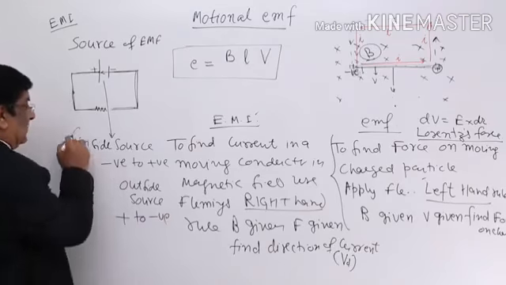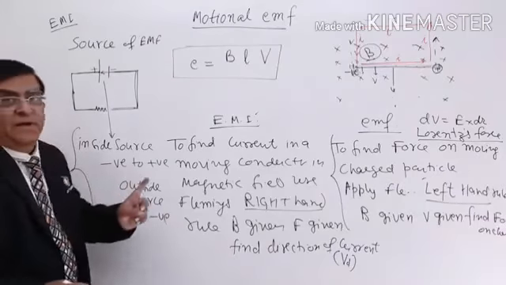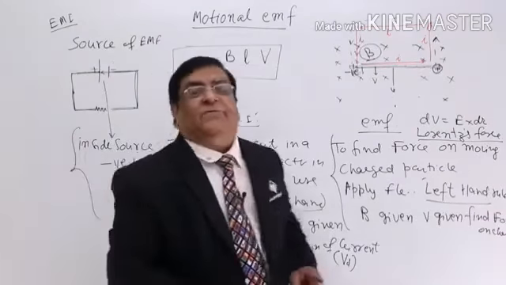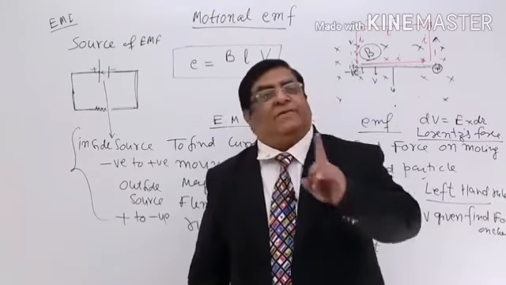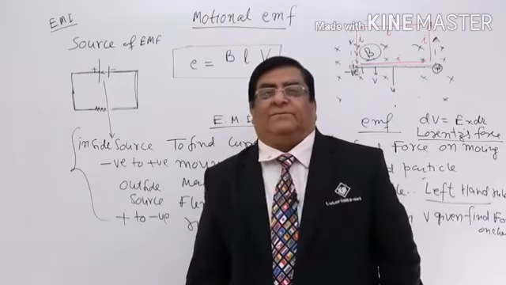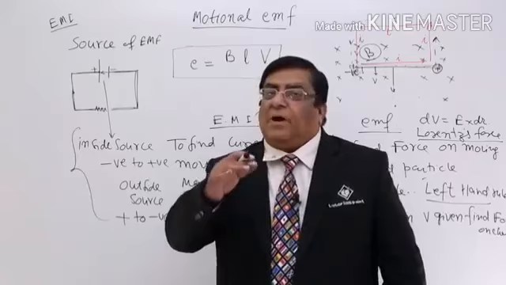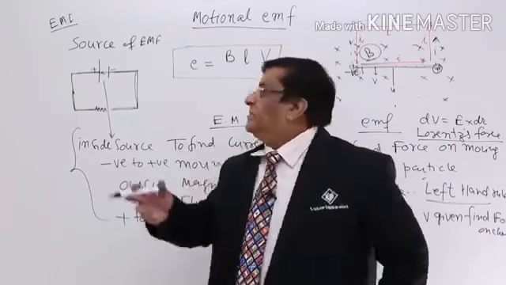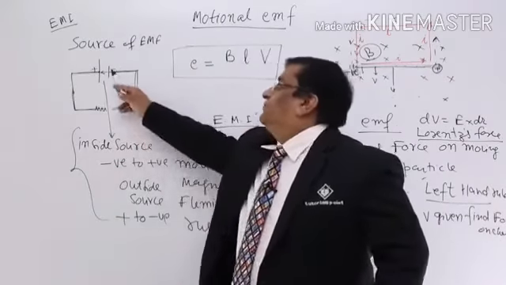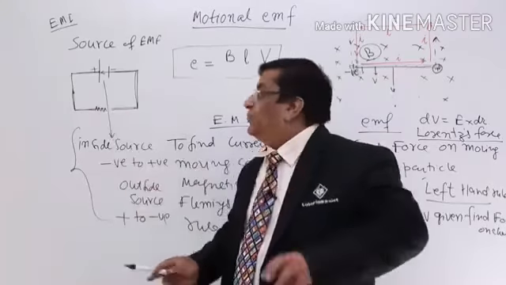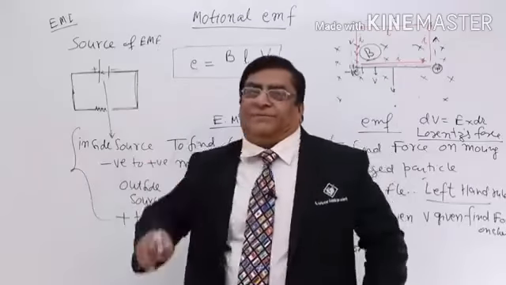This is the current rule. Please remember, and not that it flows from positive to negative only. Positive to negative is absolutely correct when we have come out of this source. It is pushing the charges from positive to negative, but inside the source it is minus to plus.